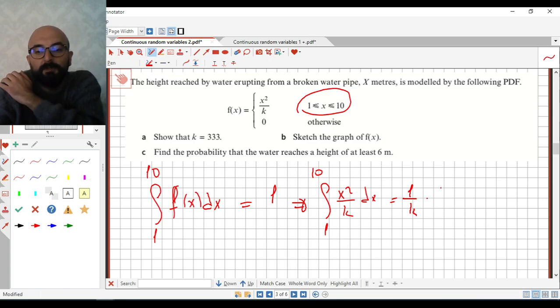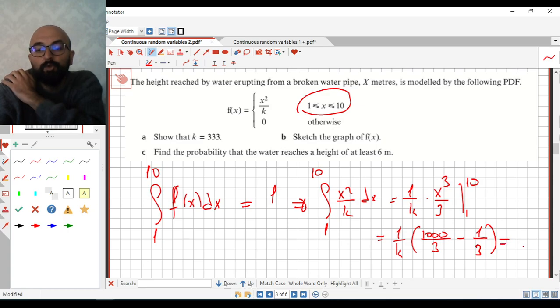it means 1 over k multiplied by x cubed over 3, from 1 to 10, and 1 over k means 1000 over 3 minus 1 over 3, which should be 333 over 3, should be, excuse me, should be 1, because the area under the graph should be 1 in a probability density function.